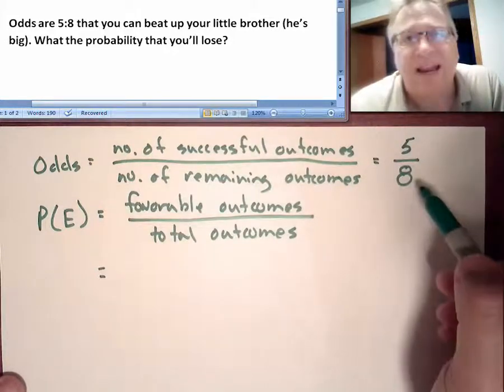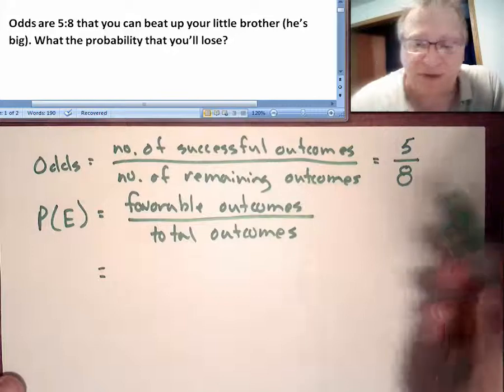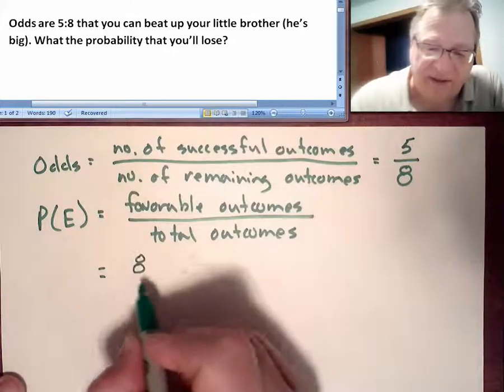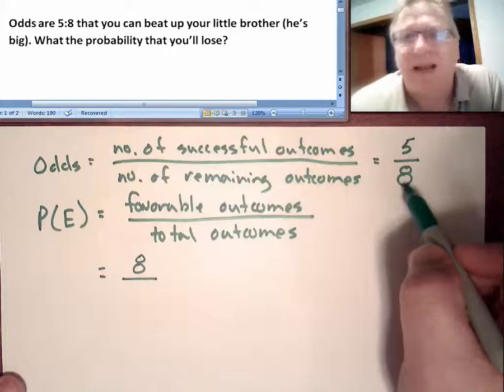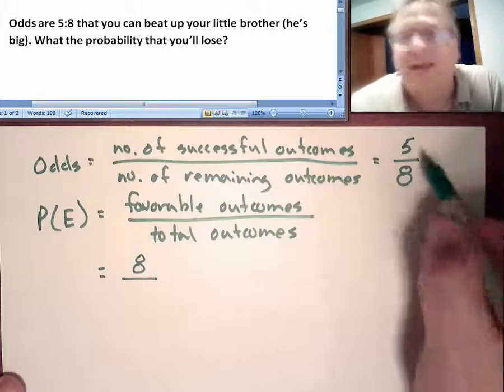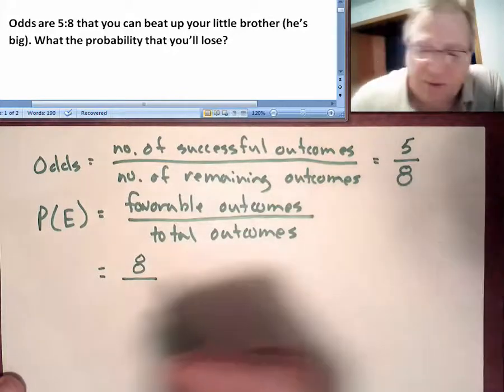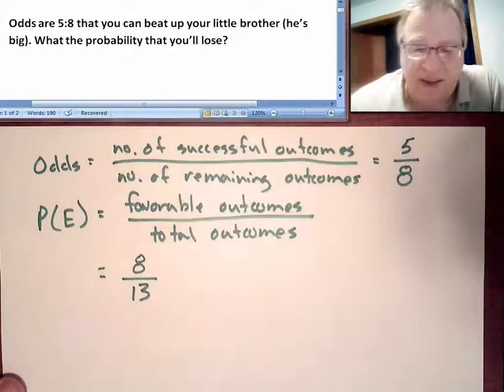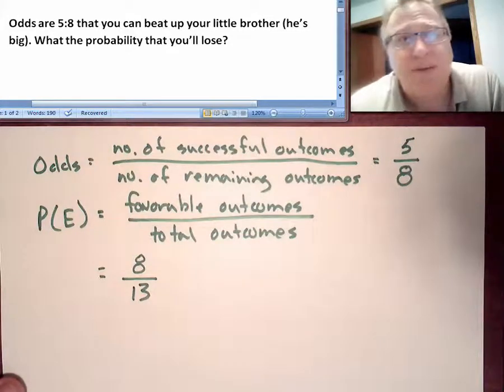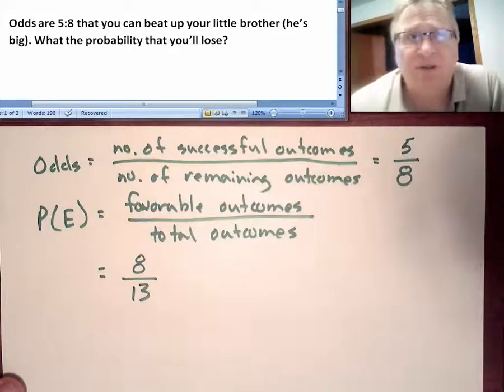You lose 8 of those times. And so we're interested in that 8 as our numerator. Total number of outcomes. Well, you lose 8 out of how many? You just have to add the numerator and denominator. We lose 8 out of 13 times. 8/13 is the probability that we will lose the next time we wrestle our little brother.